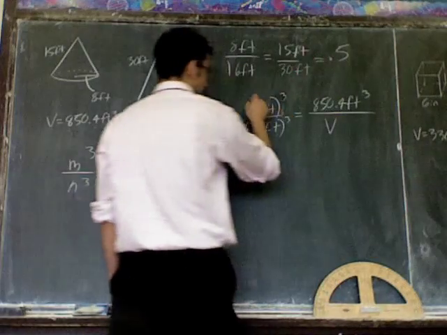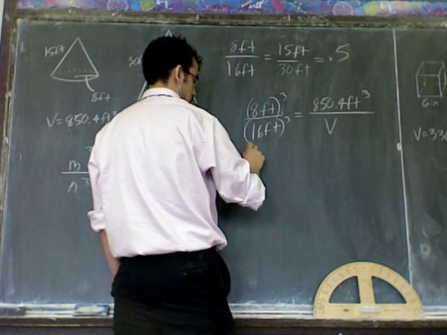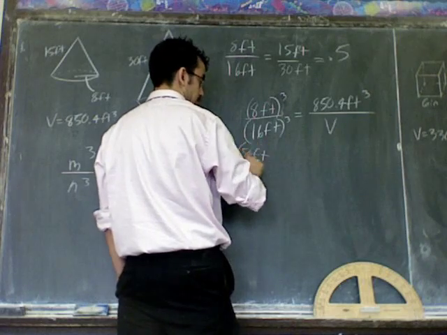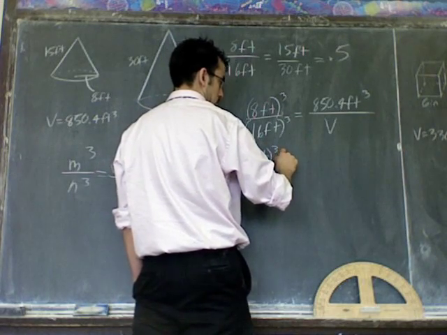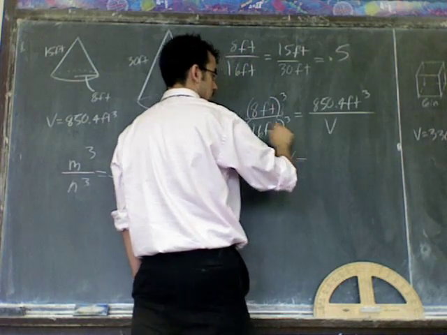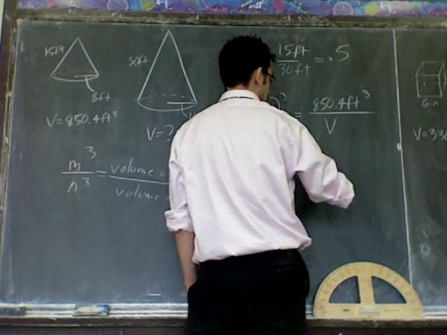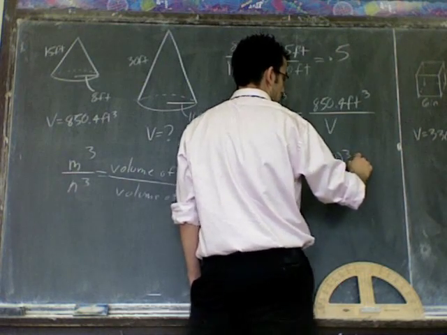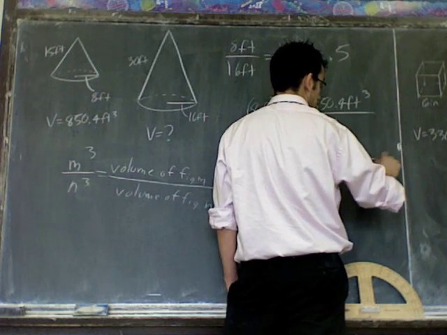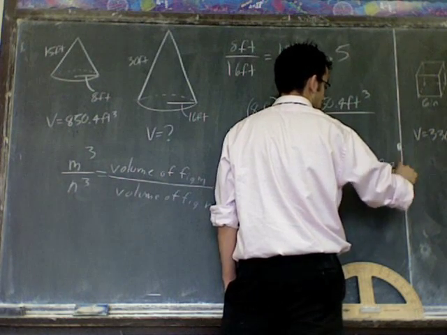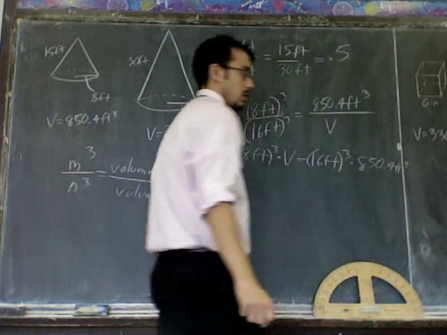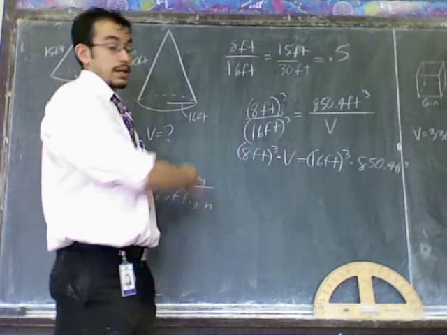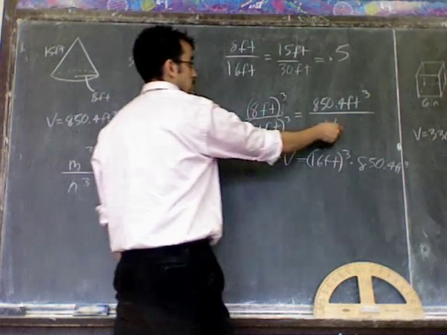So 8 feet cubed times v equals 16 feet cubed times 850.4. So that's the cross multiplication. This times this times this.